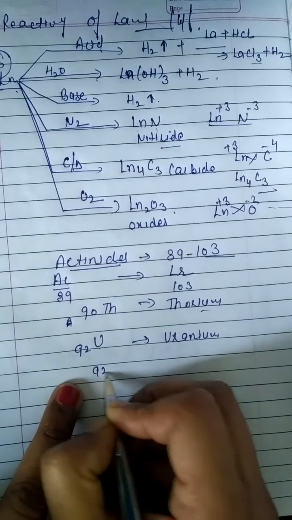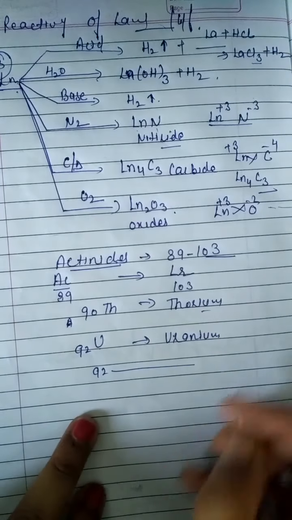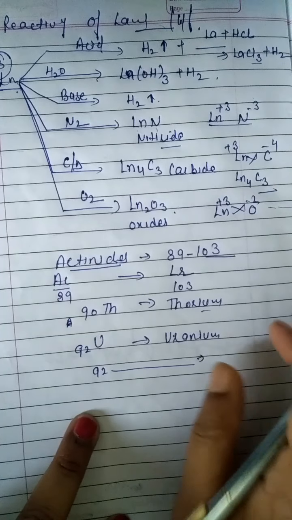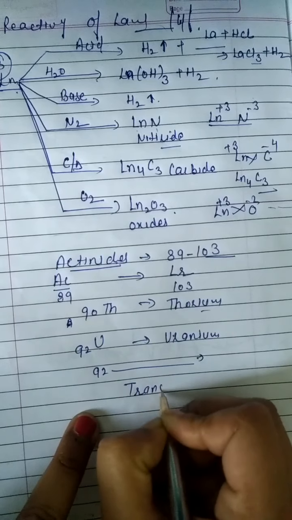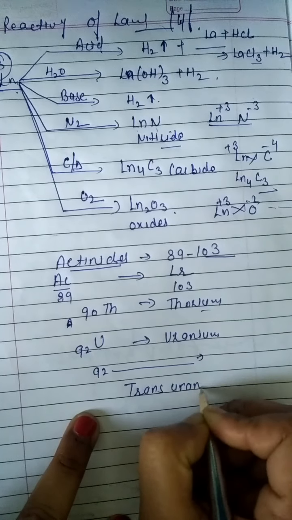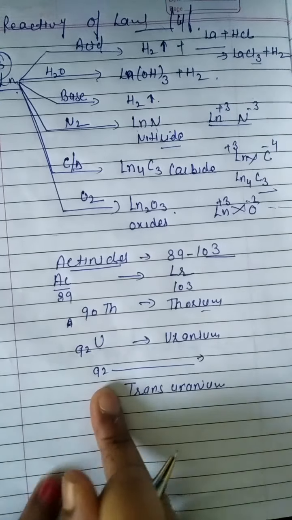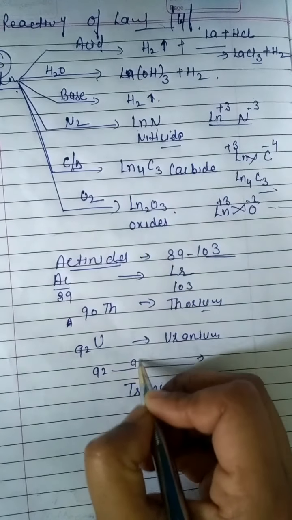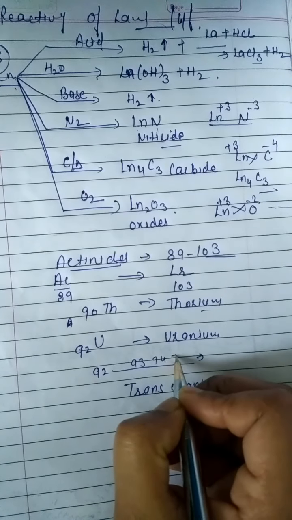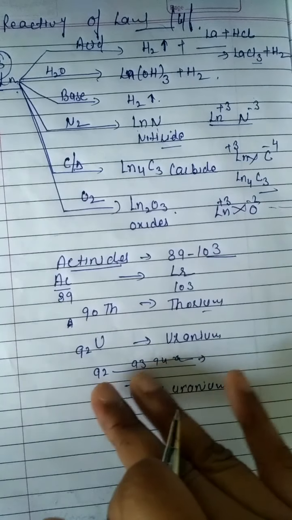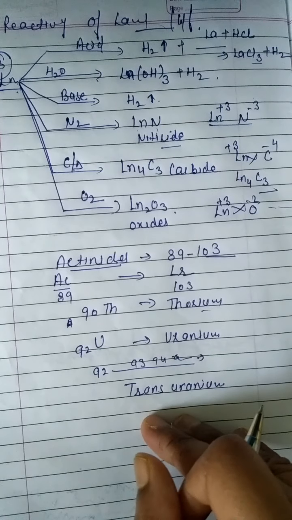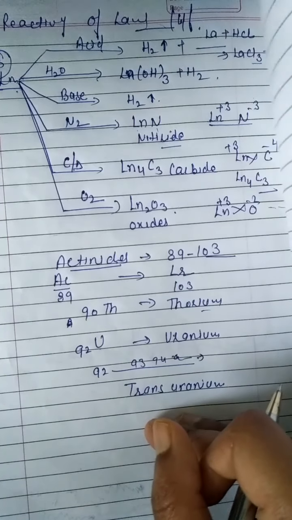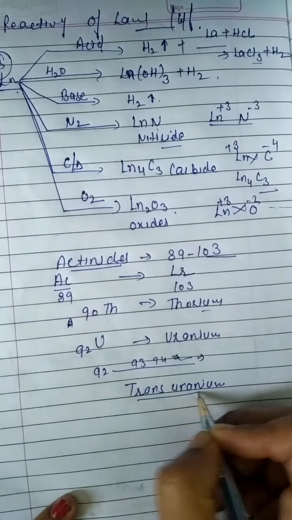After 92, all the elements that are present are called transuranium elements. After uranium, elements 93, 94, 95 and so on are called transuranium elements. Clear? This is also important.